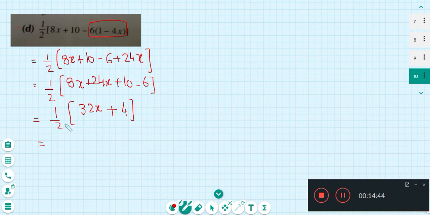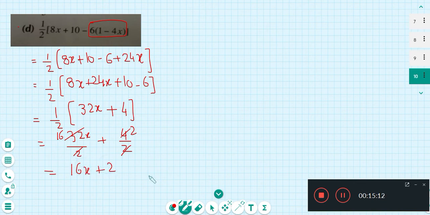Now this 1 over 2 is multiplying with each of the terms written in the bracket. So 32x over 2, similarly 4 over 2. So 2 divides both of them. 2 16s are 32. Similarly 2 2s are 4. So we are left with 16x plus 2. So this is the final answer of part D.